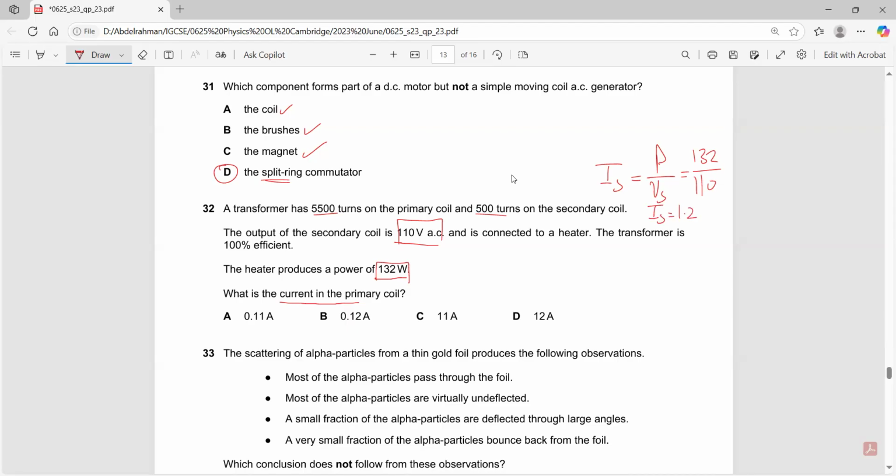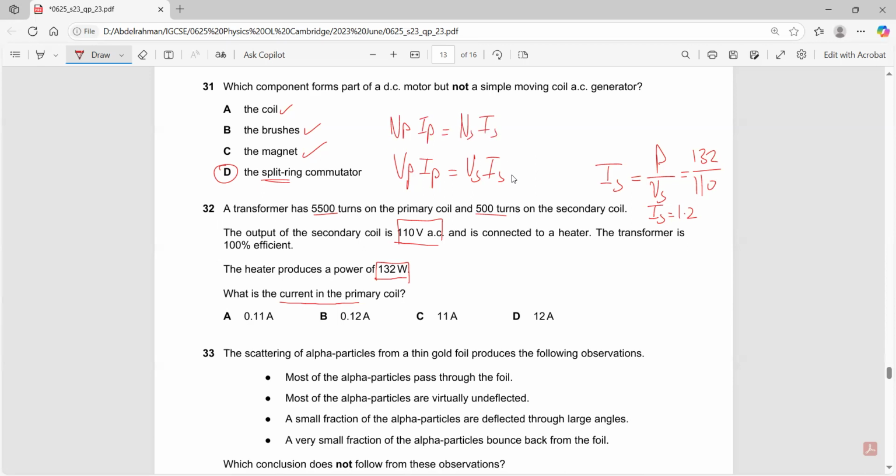We know the equation Vp Ip equals Vs Is. Instead of using Vp and Vs, can I use Np and Ns? Yes, I can, because they are both directly proportional. Instead of finding the voltages, I can use the number of coils, which would be much faster. So I'll write down Np Ip equals Ns Is.